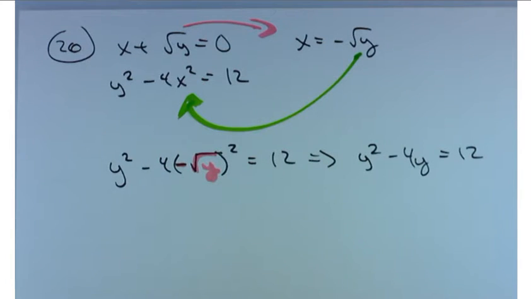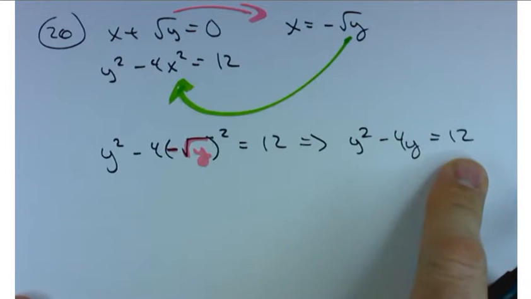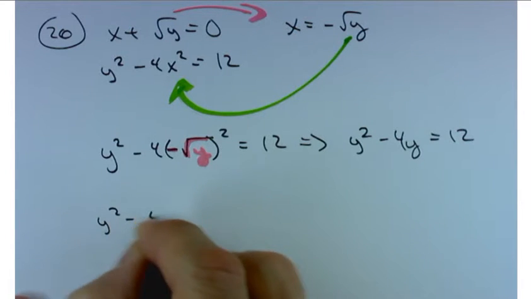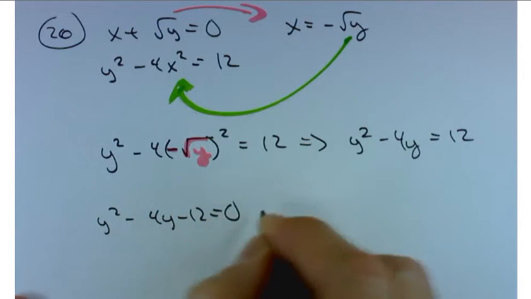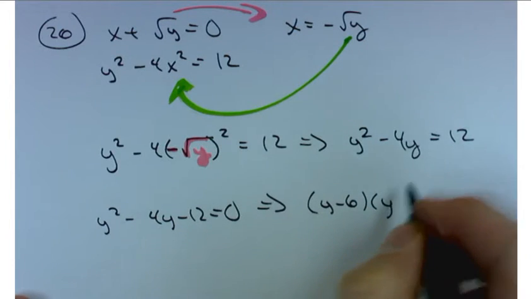So a negative times a negative would be a positive. Was there another question? Okay. So we're going to factor this, right? Move the 12 to the other side. y squared minus 4y minus 12 equals 0. Factors as y minus 6 times y plus 2.